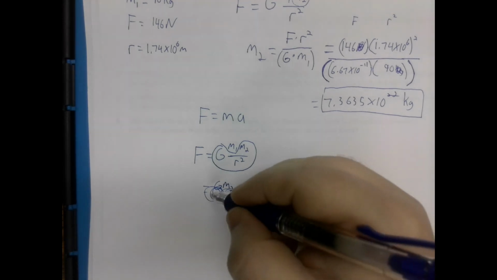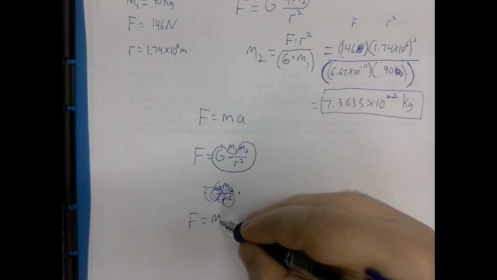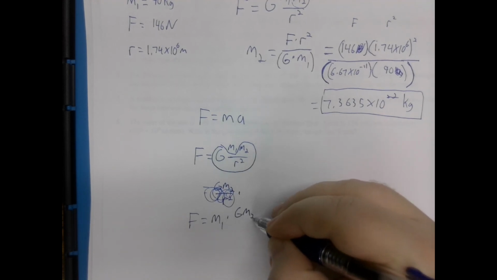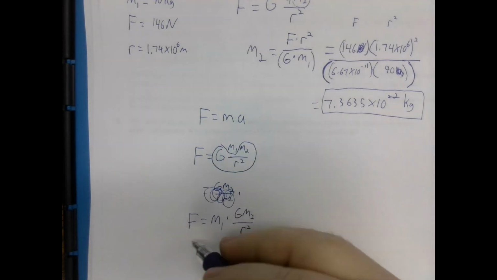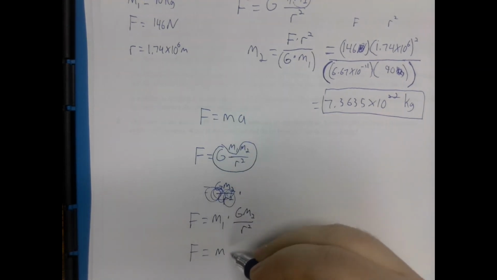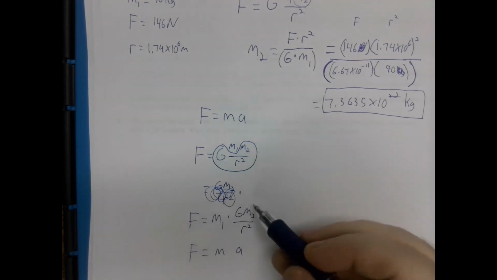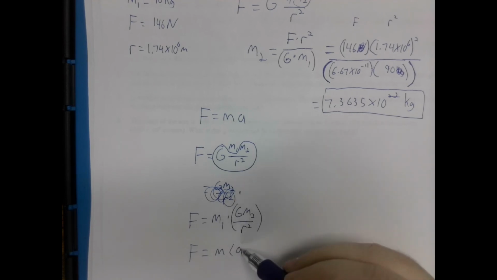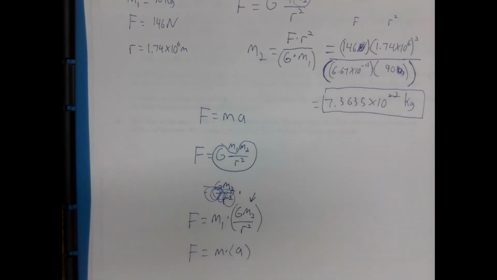If I pull this out, so that F is equal to m1 times G m2 divided by r squared, now look at it and compare it to F equals ma. We have some mass times something else. What do you think this is going to be equal to?